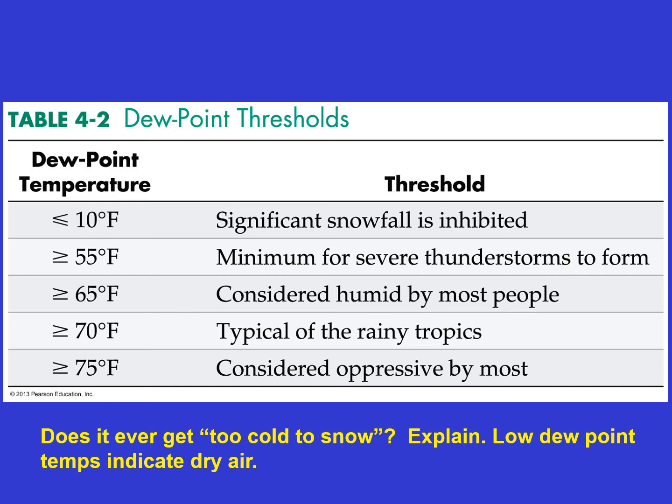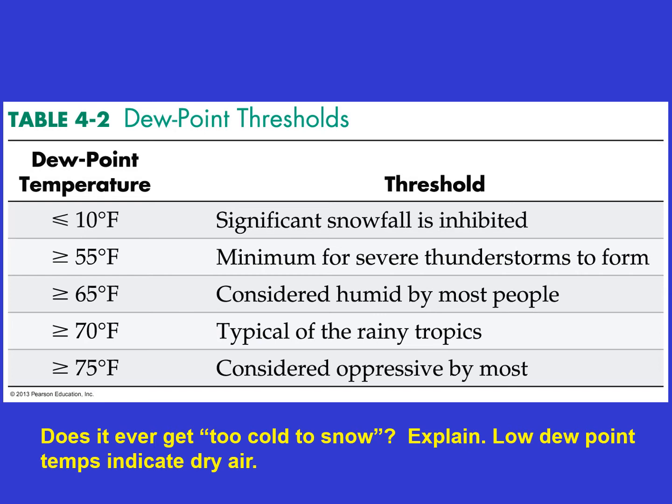If the dew point temperature is greater than 55, you need that as a minimum to develop any severe afternoon, evening thunderstorms. Again, if it's greater than or equal to 65, considered humid by most people. If it's greater than or equal to 70, typical of the rainy tropics. There are days when I feel that Southern Pines is like a rainforest, and I'll complain about it. If the dew point temperature is greater than or equal to 75, then it is considered oppressive by most.